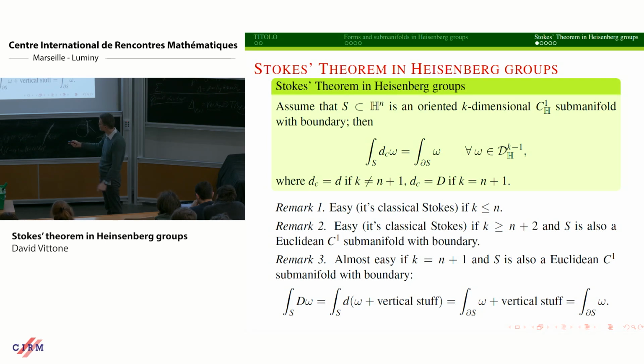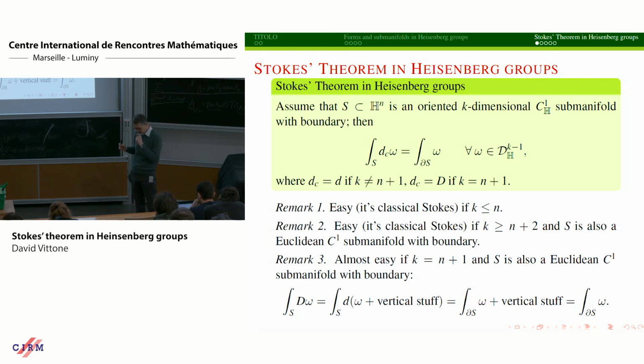If you unravel the definition of this operator capital D, then you see that capital D has this form. It's the exterior differential not of omega, but of omega plus some vertical stuff, okay? By vertical, what is vertical stuff?